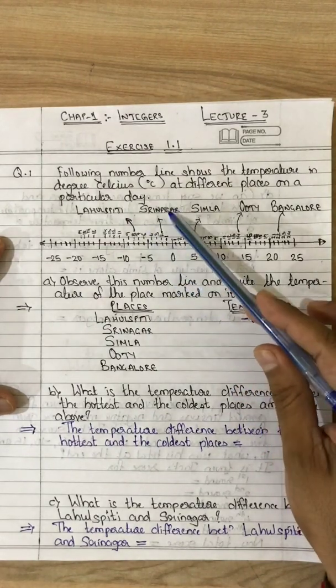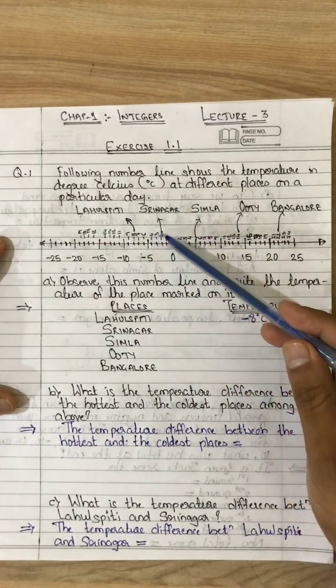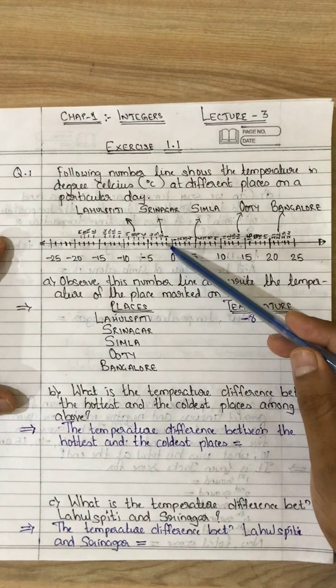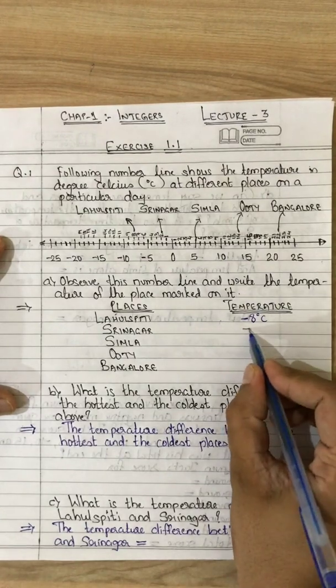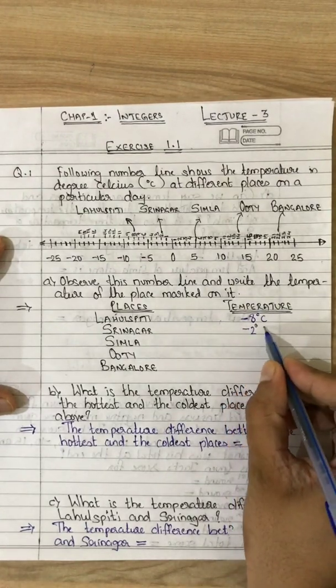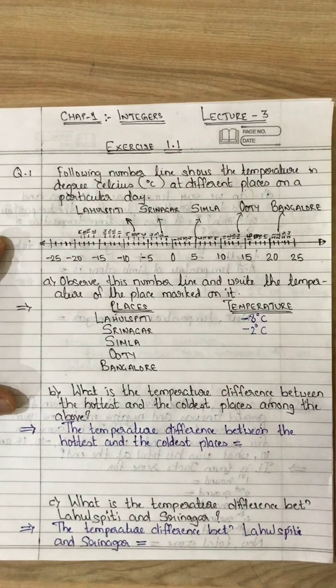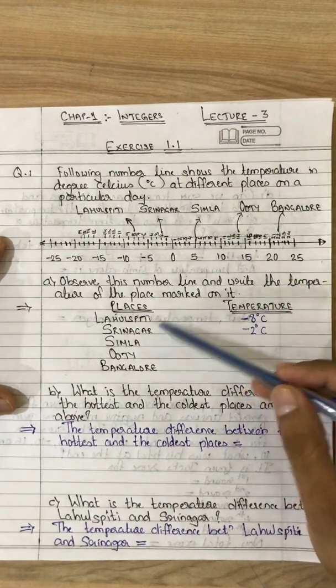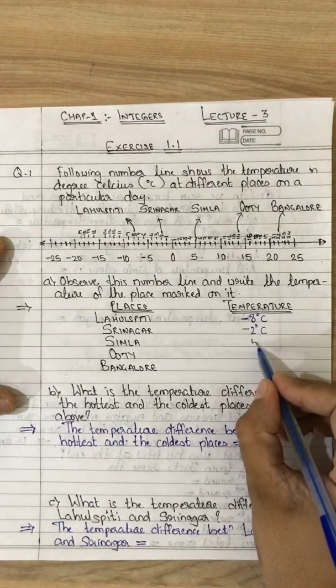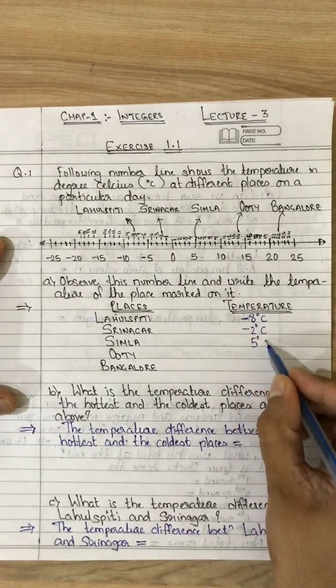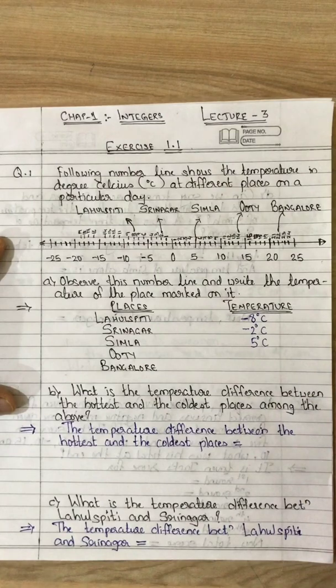Then comes Srinagar. Let us see where Srinagar is. It is on the left hand side, but two small places, 1 and 2. So it is -2 degree Celsius. Then Simla is on 5 degree, so I am writing 5 degree Celsius.